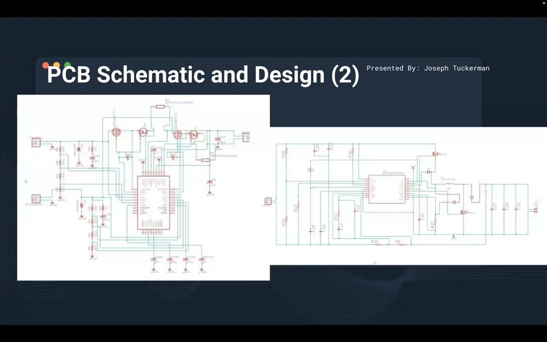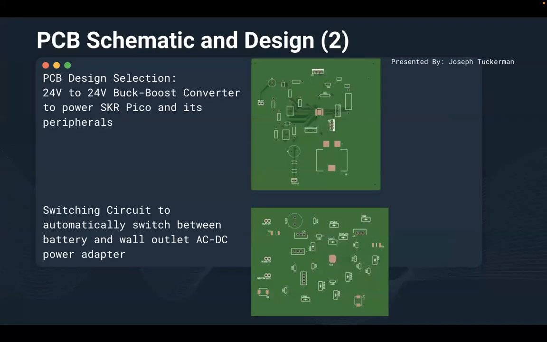So here are some additional schematics for our PCB designs. On the left, we have the switching circuit, which is used to switch between battery and wall outlet. And then on the right, we have the buck boost converter for the SKR Pico. For the buck boost converter, it takes a 24 volt input and then it outputs 24 volts as well.